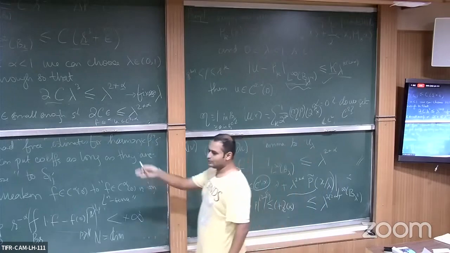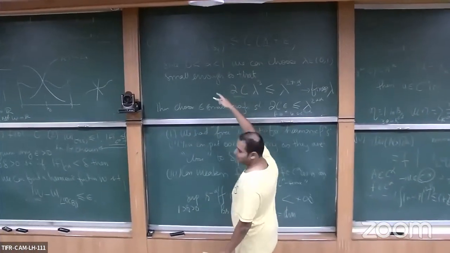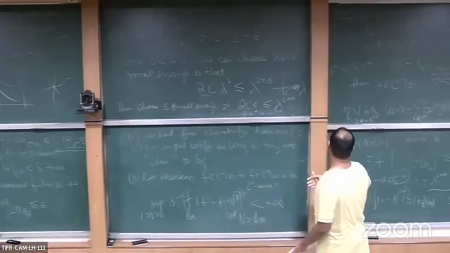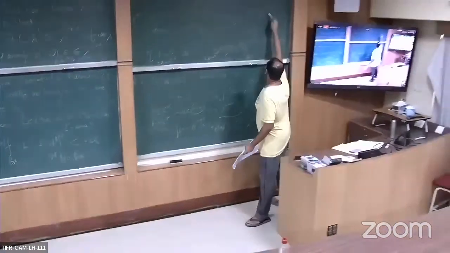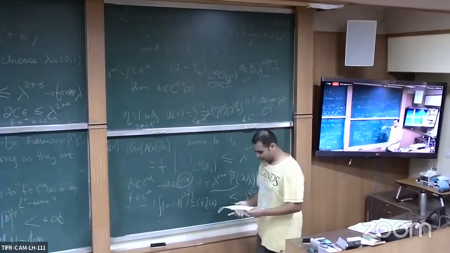Here I did C2 alpha; you could also do C1 alpha, except instead of approximating by paraboloids, you approximate by planes. And the rate at which it goes, of course, will not be quadratic, it will be linear, right?